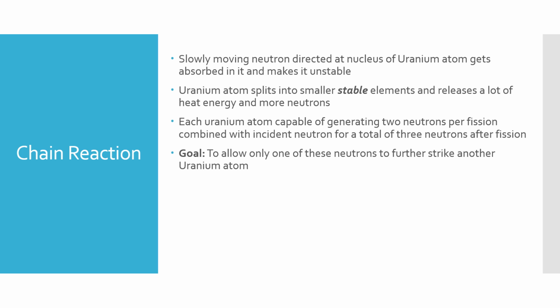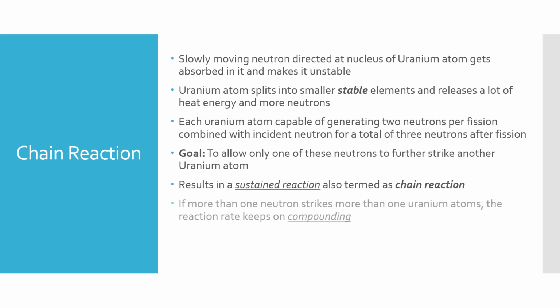Why is this our goal? Because if we achieve this goal, then a sustained reaction takes place, where the reaction keeps on continuing without outside interference, and this sustained reaction is termed a chain reaction.